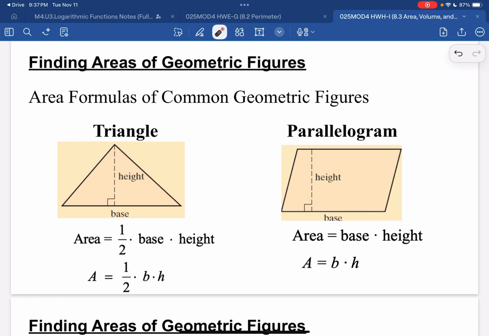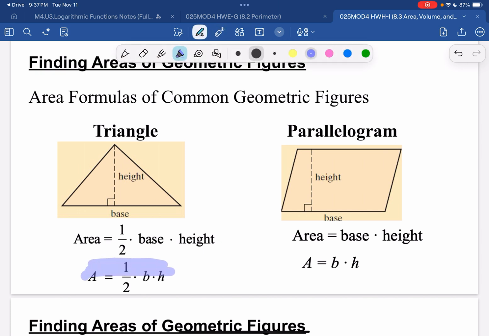It's kind of like when you measure your height, you would measure your height standing straight up. You wouldn't lean over to measure your height. So your height always needs to be standing up straight from the base. The base and the height are always going to make that 90-degree angle together. And so you get this formula of 1/2 times the base times the height.